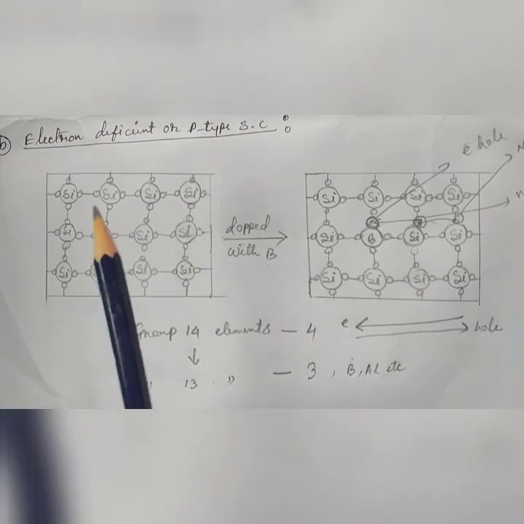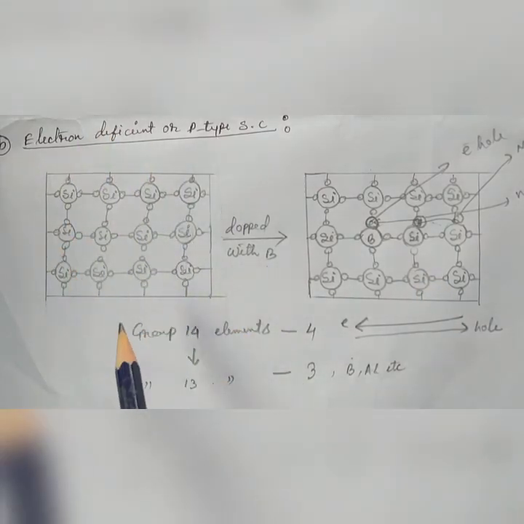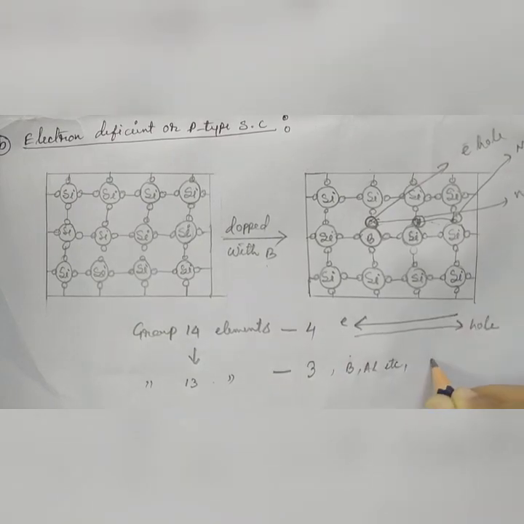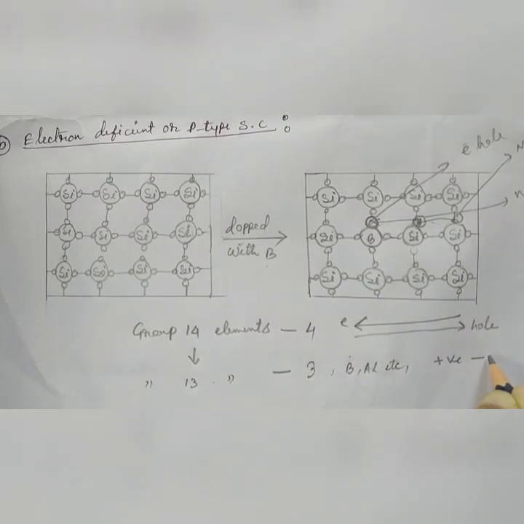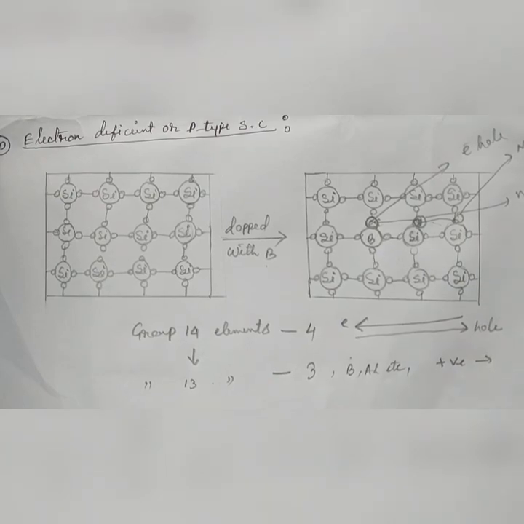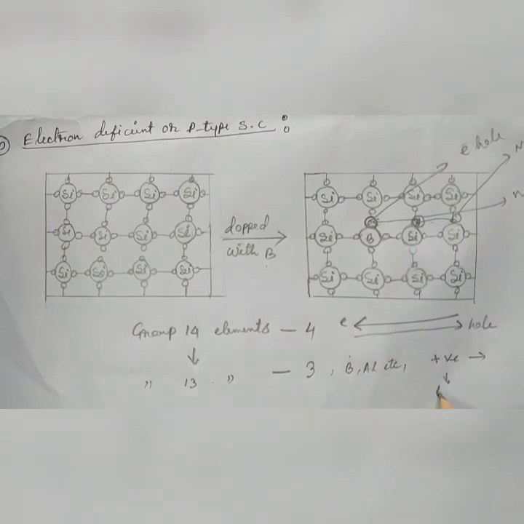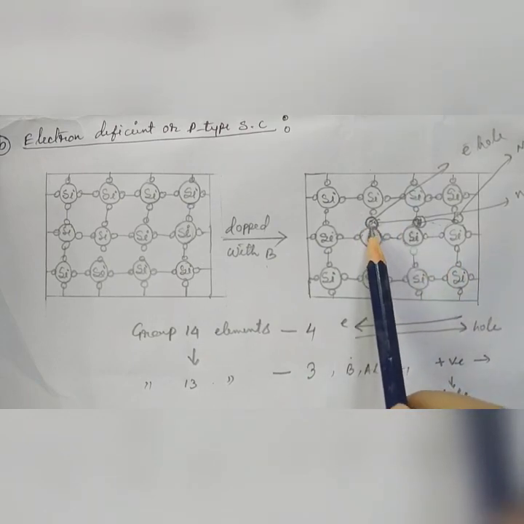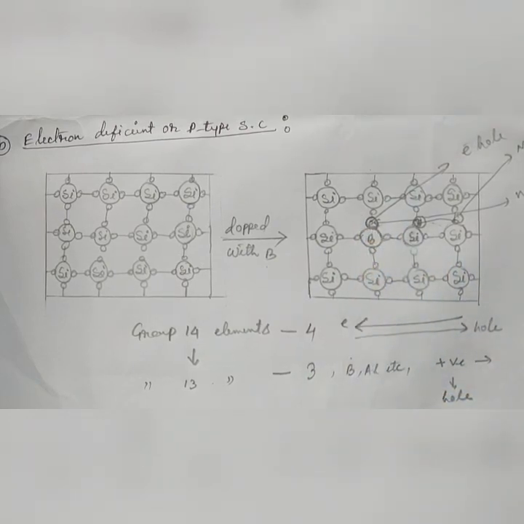Now this is electron deficient. Electron deficient means positive, and negative means electron rich. So in a semiconductor, this positive is considered as a hole. So this hole of an electron will be considered a positive hole.